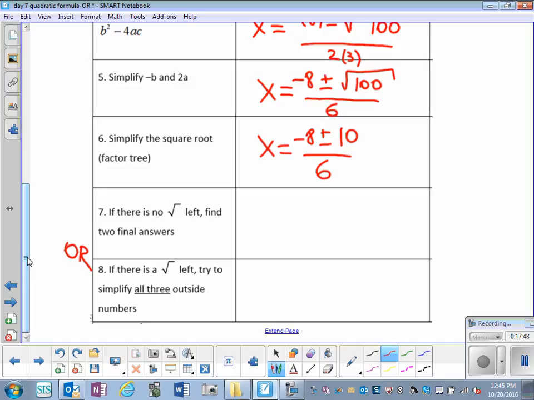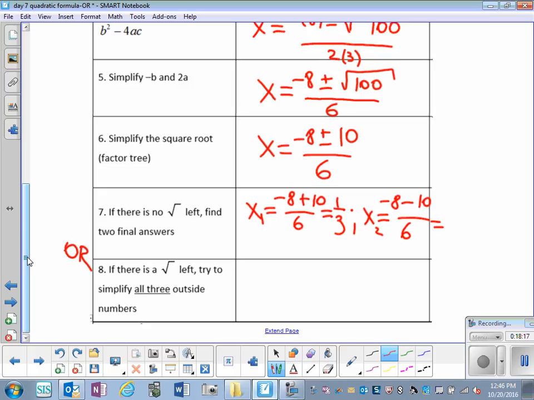So let's simplify. How many solutions do I have here? 2, right? So let me find the first one. x1 is minus 8 plus 10 divided by 6, and what is it? 1/3. And then I have the second one. My second solution is minus 8 minus 10 divided by 6.